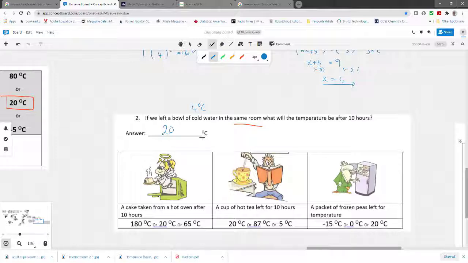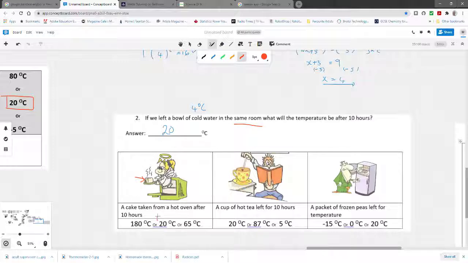Alright, so the next couple of questions are exactly the same. We've got some cake taken from a hot oven. After 10 hours, what will be the temperature of the cake once it's taken out of the oven?